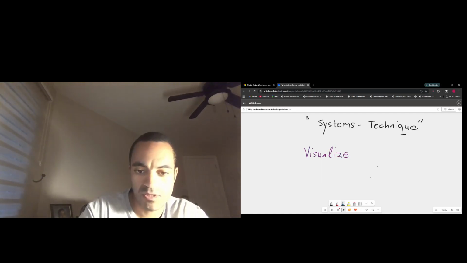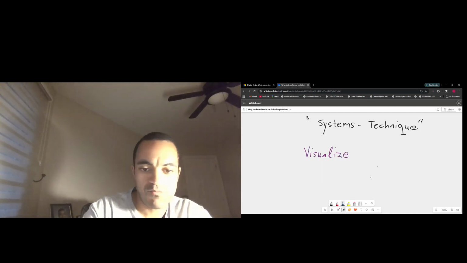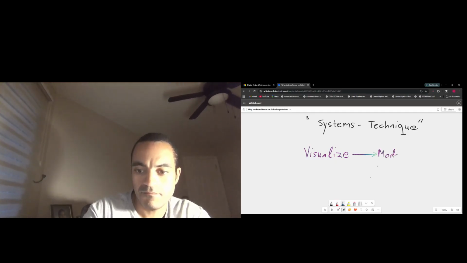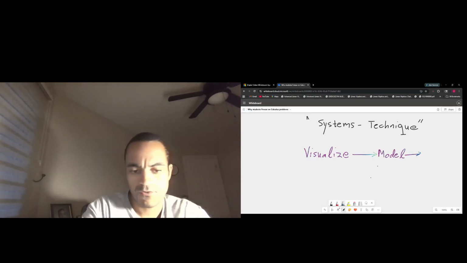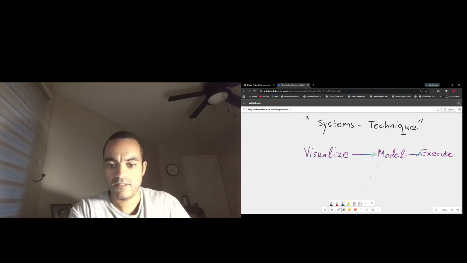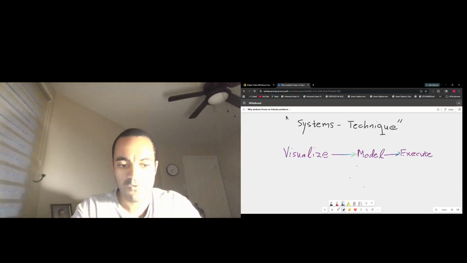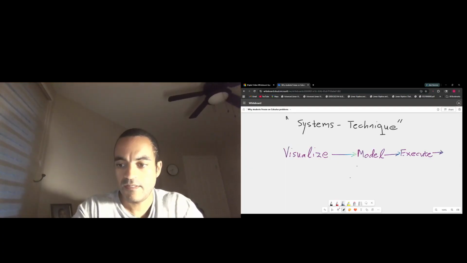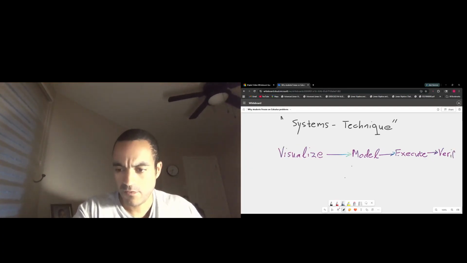Step two is you want to then go to model. Step three, you want to go to execute. So there's the execution phase. And finally, moving to step four, verify. Because how are we going to be good at math if we don't verify things? That wouldn't make any sense.